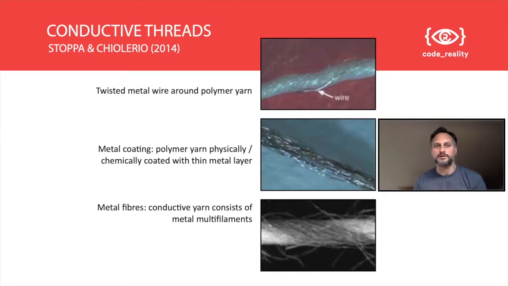If we look at the production of conductive threads, spinning and treating, then there are three different types of technologies available. We can buy material that has an integrated metal wire around a polymer yarn, which you see on the top. We can coat it with metal, so the yarn is treated physically and chemically with a thin metal layer.